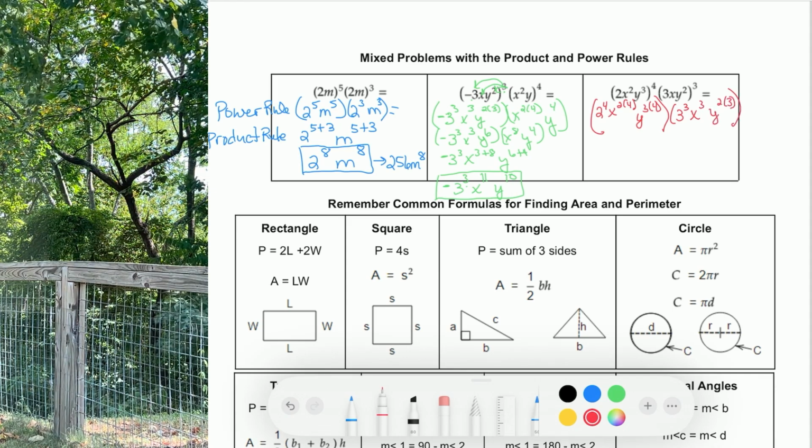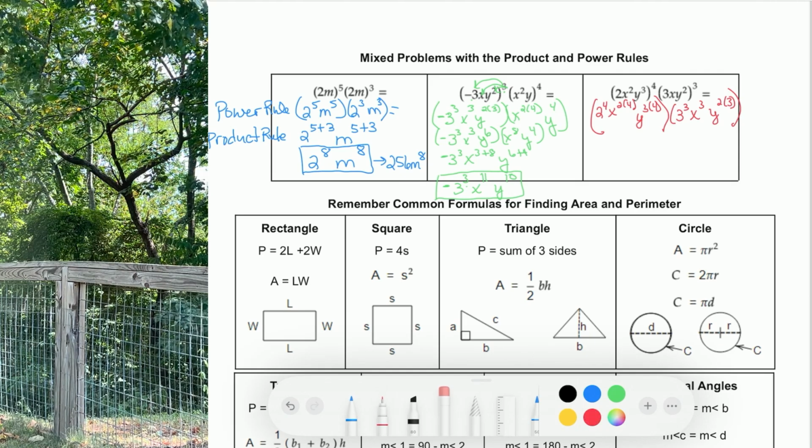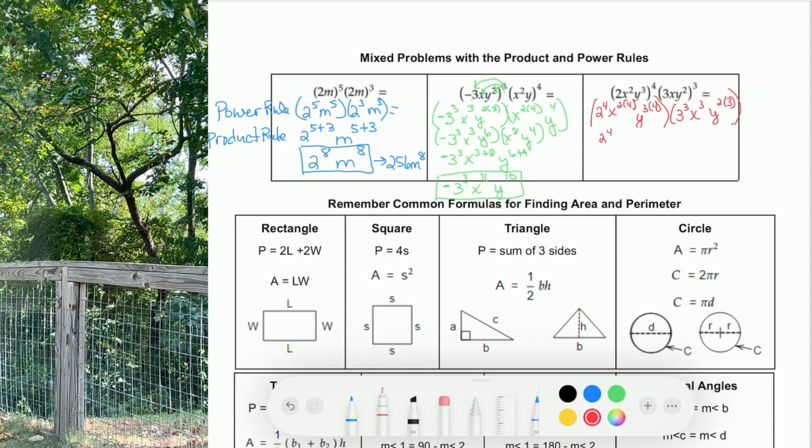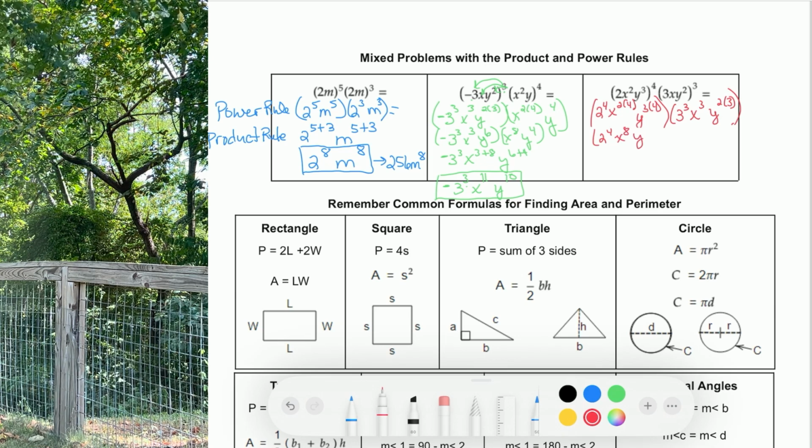Simplify that out. So we get 2 to the power of 4, x to the power of 8, y to the power of 12, 3 to the power of 3, x to the power of 3, y to the power of 6.